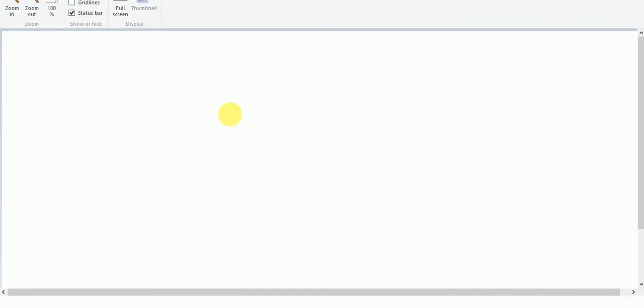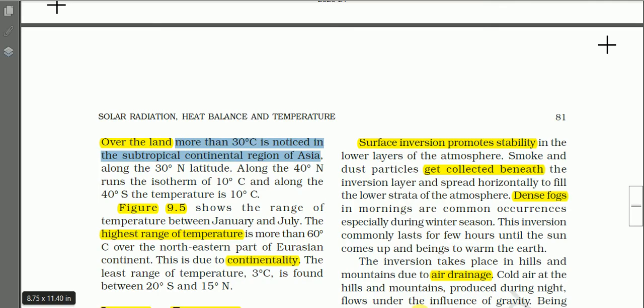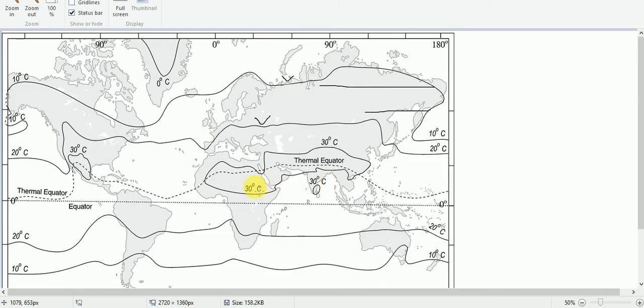So this is the map for the month of July, and see here the isotherms are almost parallel with the latitude. Over the warm tropical oceans, you will find 30 degrees Celsius over the Indian Ocean, and here also 30 degrees, and here also.